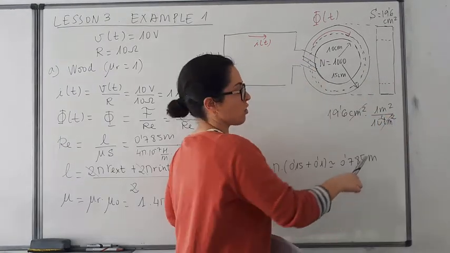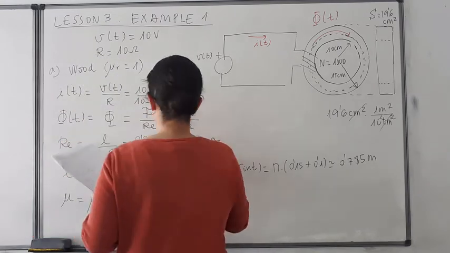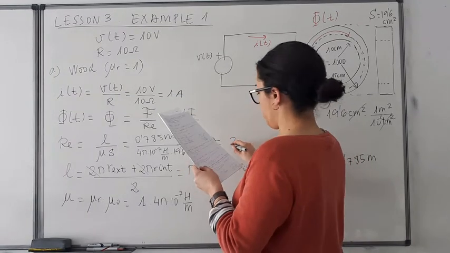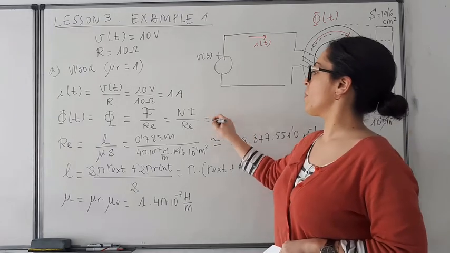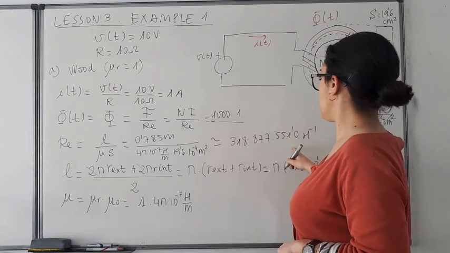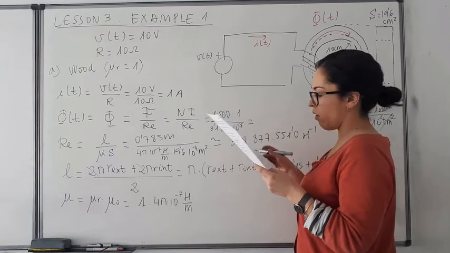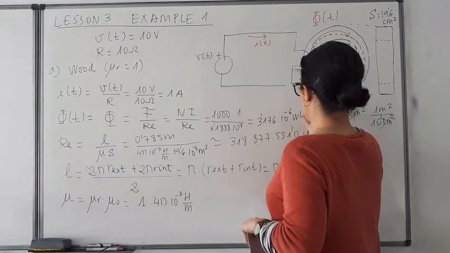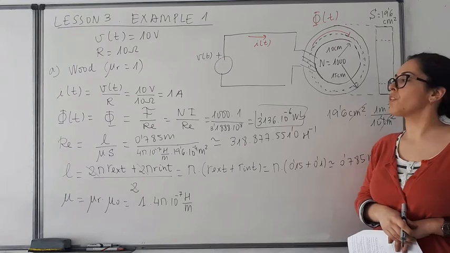As you need to change the units, you need to use this conversion factor here. If you do so, you are going to obtain a reluctance, which is this one, in henries to the minus 1. So if you go back here, the number of turns is 1000, the current is 1, and the reluctance is this one. So you will obtain a magnetic flux, which is approximately this in Webers. So here you have the magnetic flux in question A.